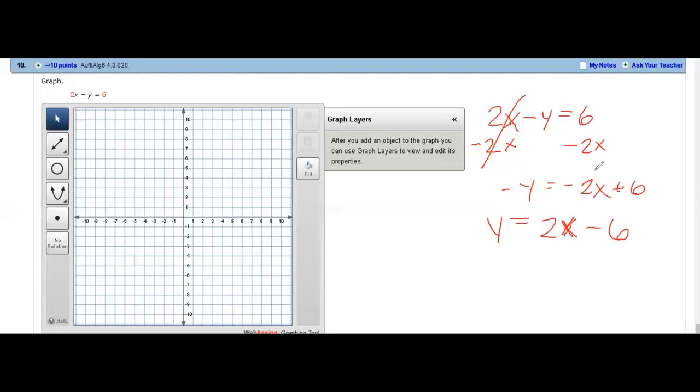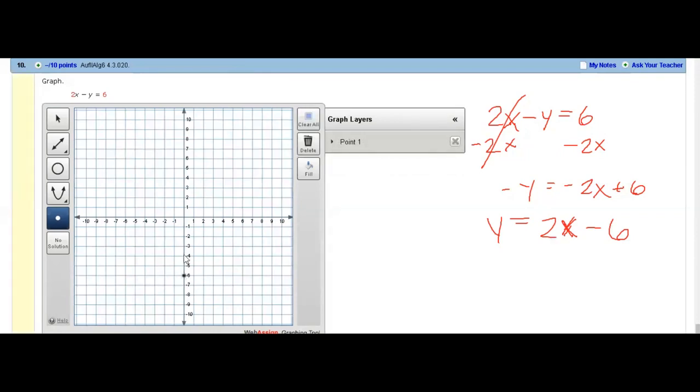Okay, so now that I have the equation in slope-intercept form, I can come here and click on the point, find negative 6 on the y-axis, put a point there, and because my slope is 2, I'm going to go up 2 and to the right 1.